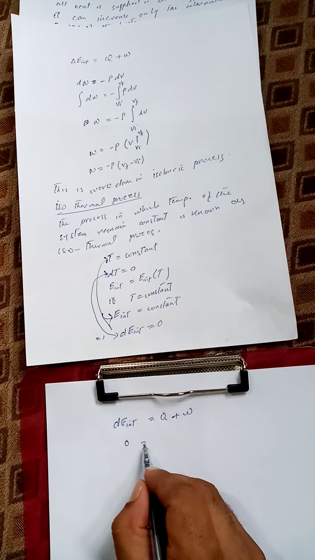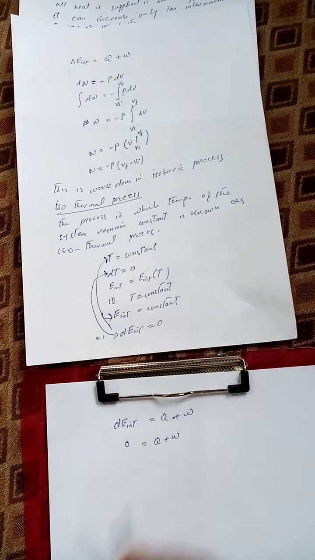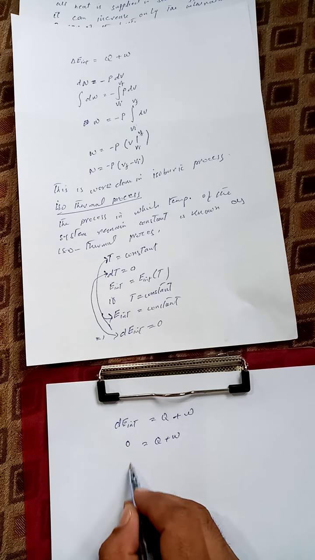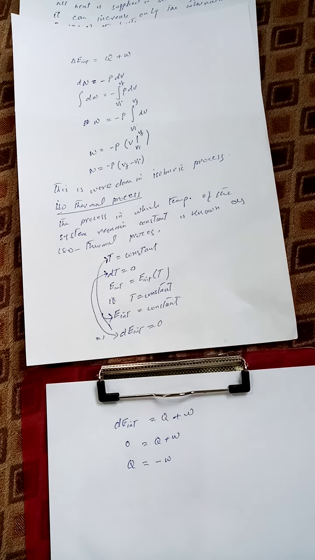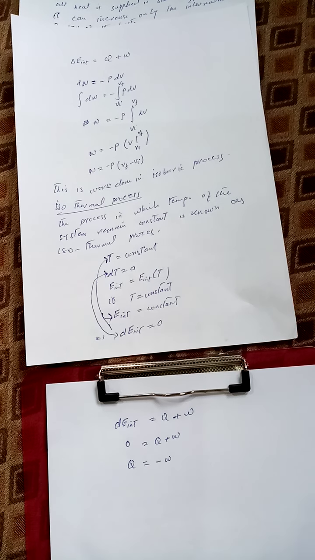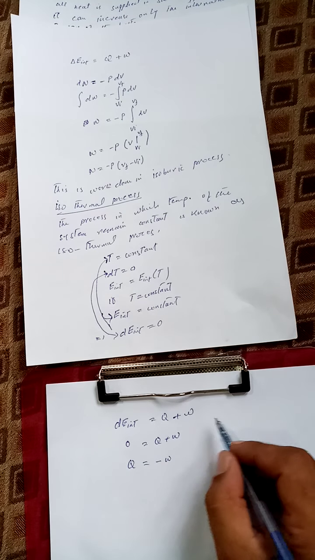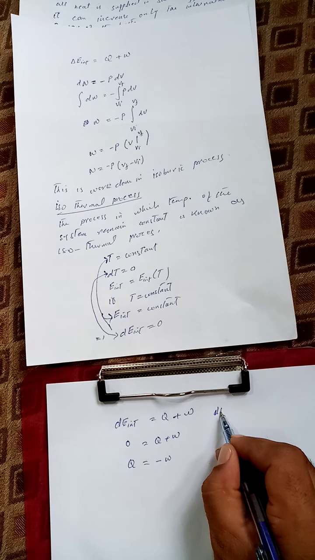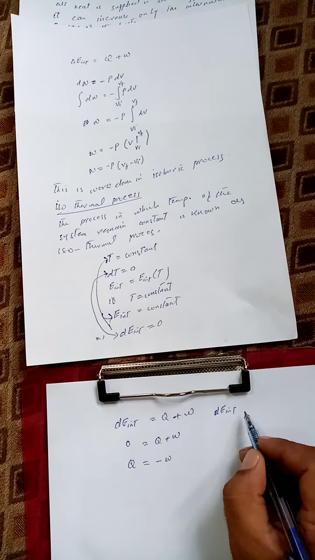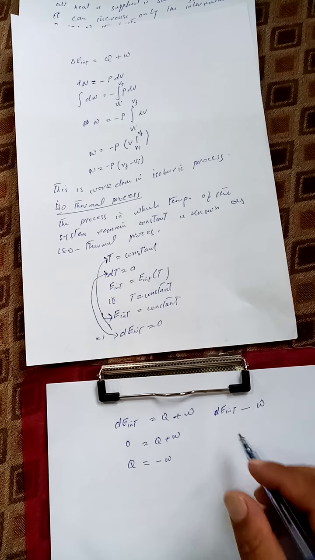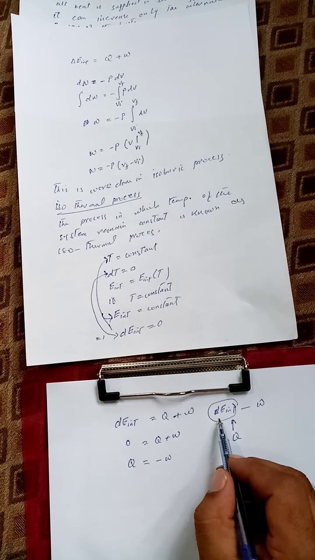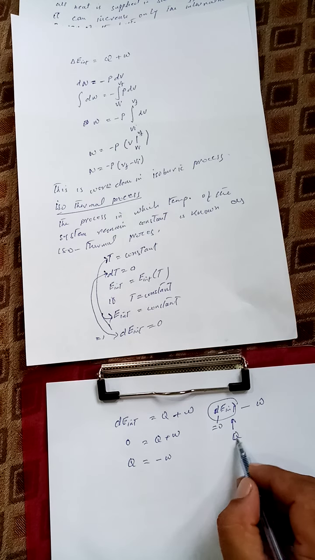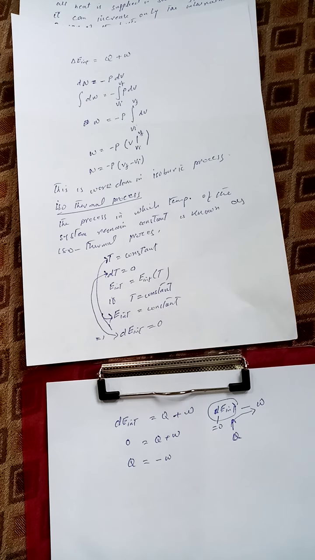Now this is 0, so we have 0 equals Q plus W. Before this, the heat supplied to the system would increase the internal energy by dE internal and do some work. But in this case, the change in internal energy is 0, so the heat supplied to the system will do only work on the system.